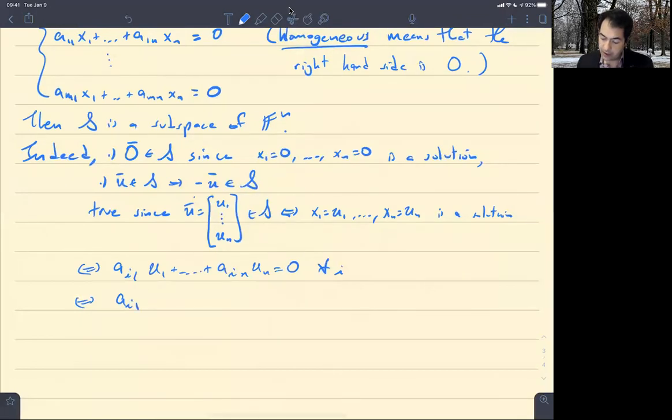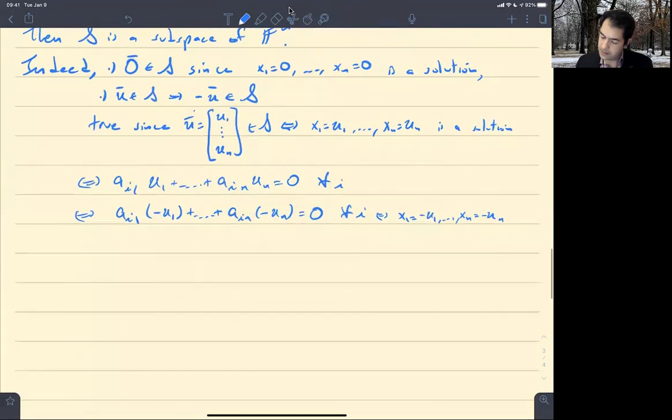And so I'm going to get that ai1 times minus u1 plus ... ain times minus un is equal to 0 for every i. And that says that x1 equal to minus u1, ..., xn equal to minus un is a solution, which is the same as saying that minus u is in S.